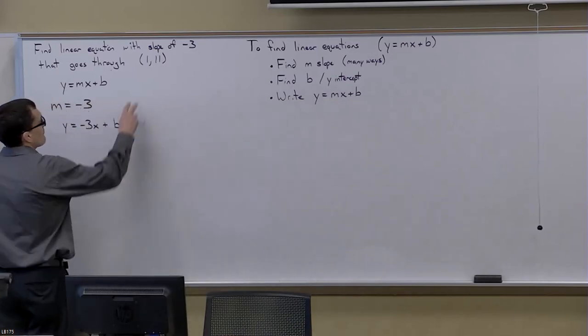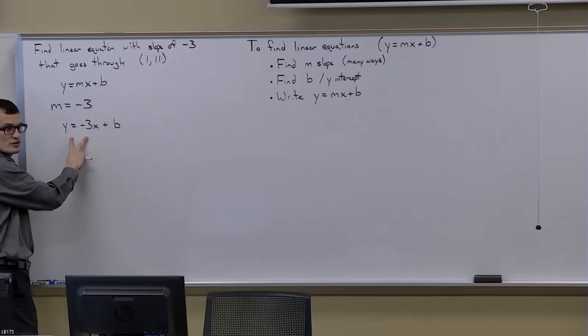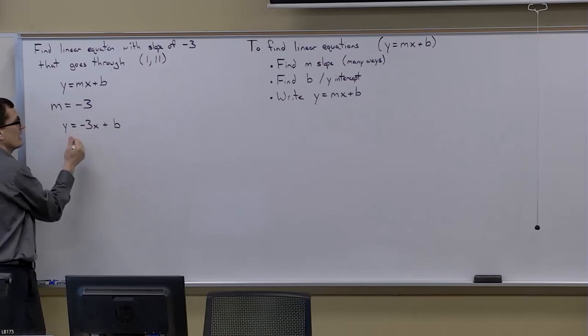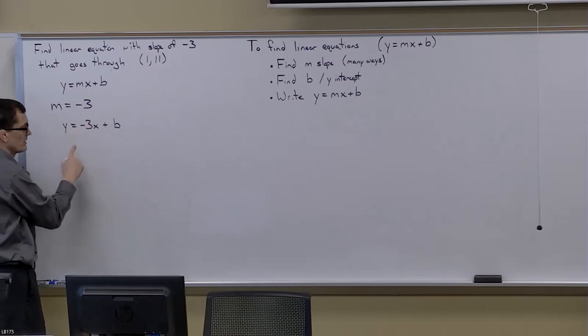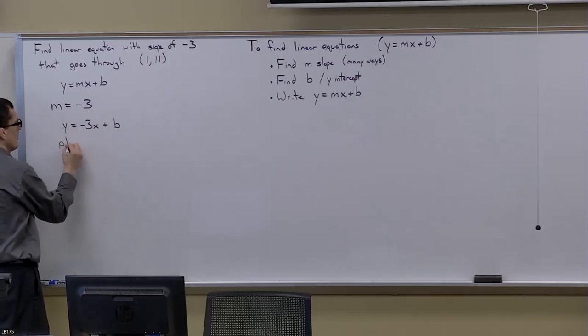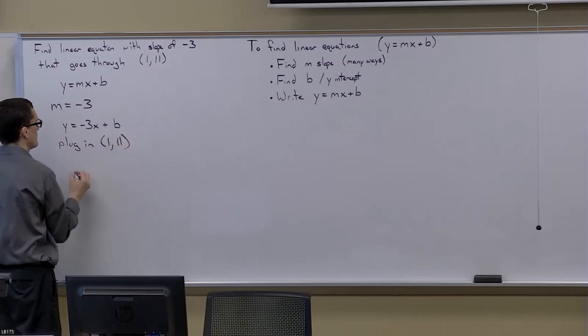So if plugging in (1, 11) makes this equation true, I can plug in (1, 11) and keep the equal sign, because it's going to keep both sides equal. So plug in the point (1, 11).